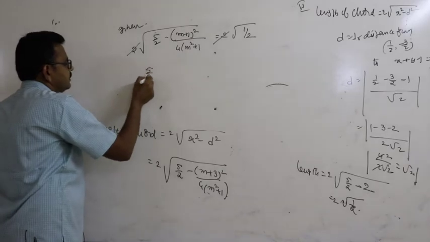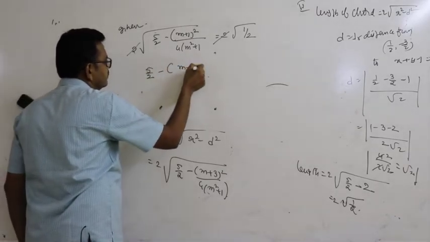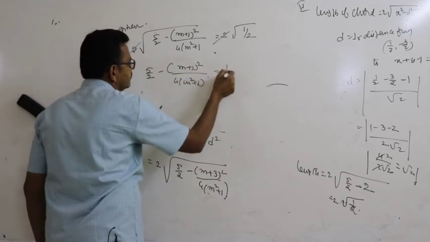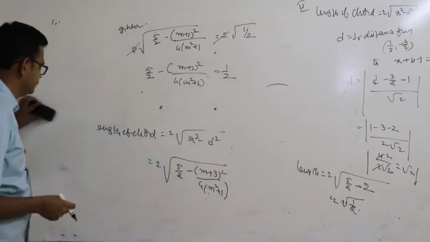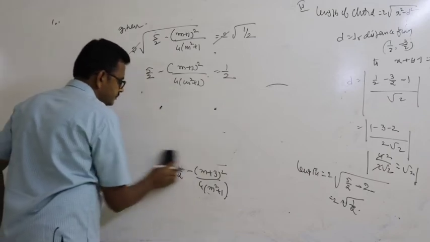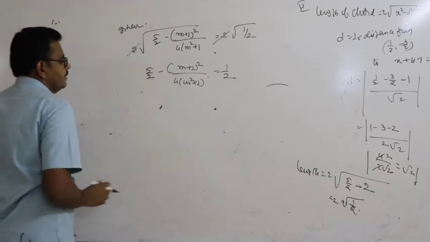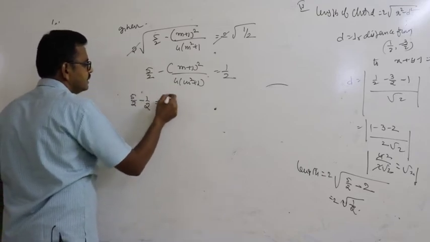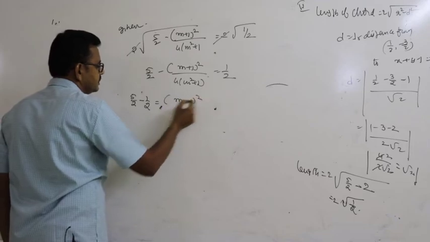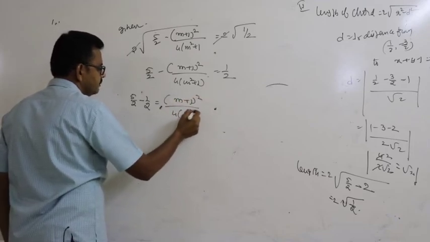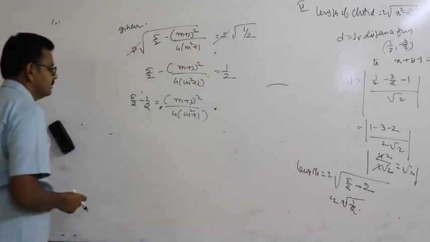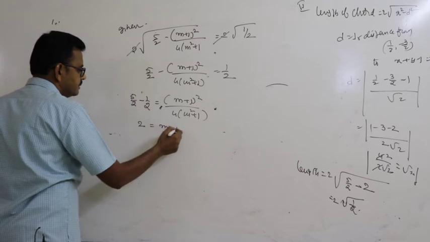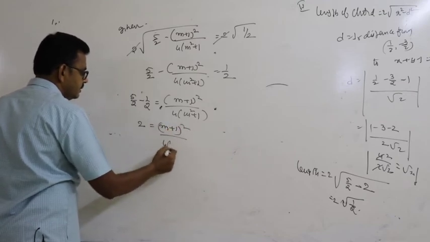So this is 5 by 2 minus m plus 1 whole square by 4 into m square plus 1 is equal to 1 by 2. Therefore, 5 by 2 minus 1 by 2 is equal to m plus 1 whole square by 4 into m square plus 1. So this 4 by 2, that is 2, is equal to m plus 1 whole square by 4 into m square plus 1.